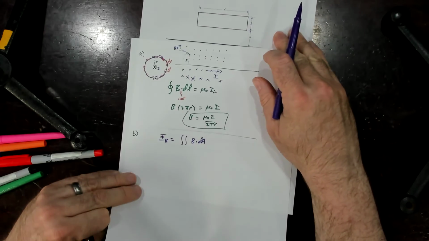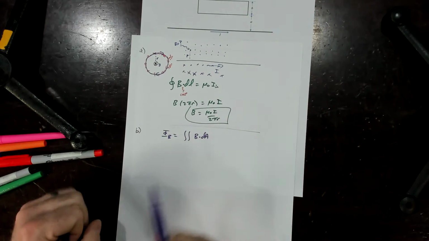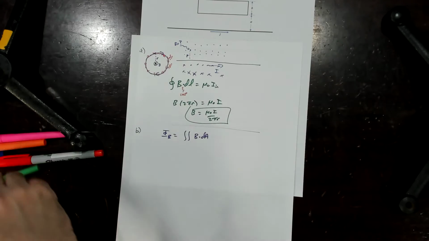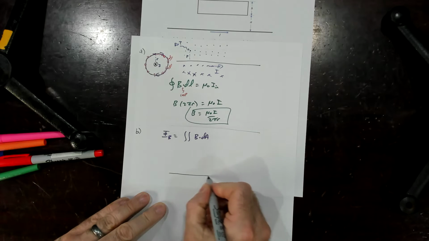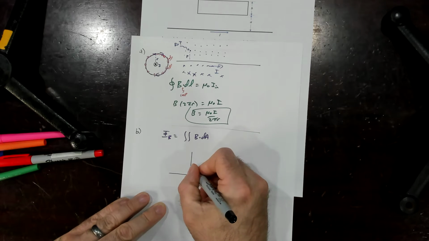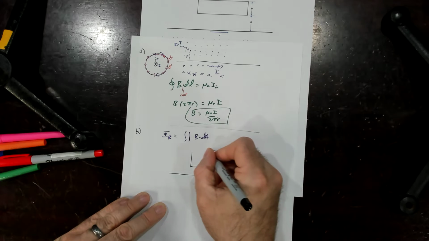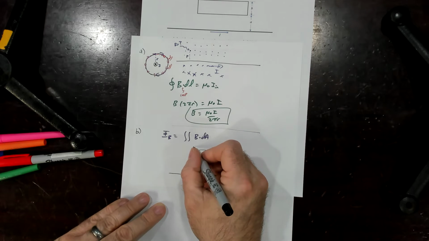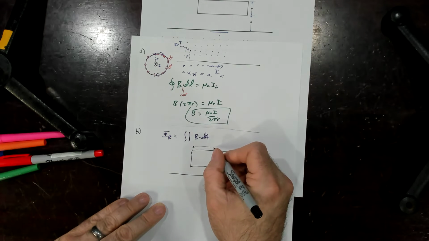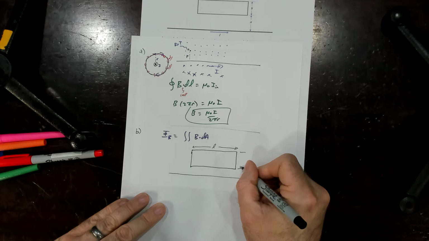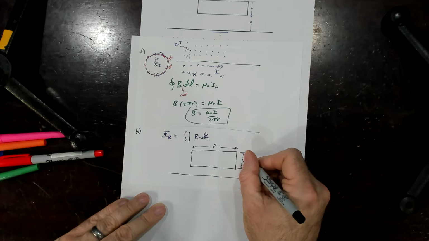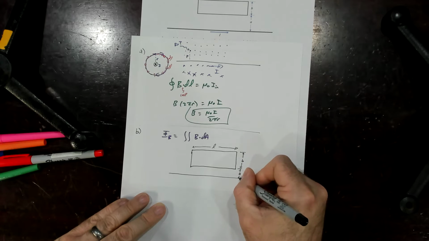Let me draw that picture down here. I should have drawn that. Okay, we've got a length here of L, and this has got a width there of B, and it's a distance A away.